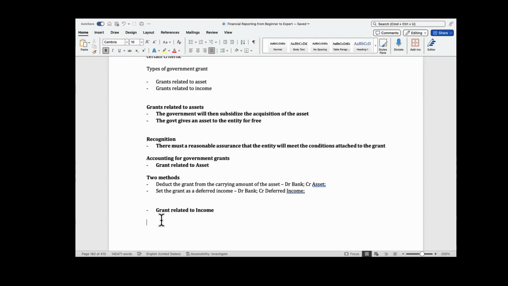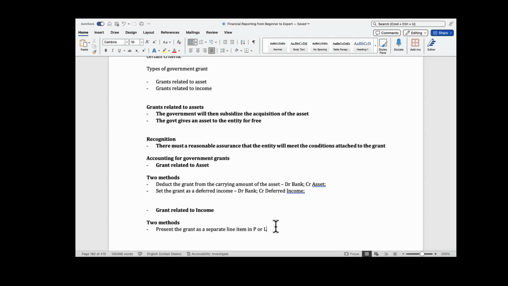And when you have a grant related to income, there are two methods to recognize it in your books. Number one is to present the grant as a separate line item in P&L. Before you can get a grant, it is expected that you have met a condition, or you will meet a condition.